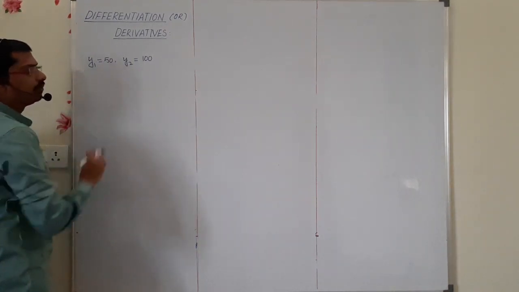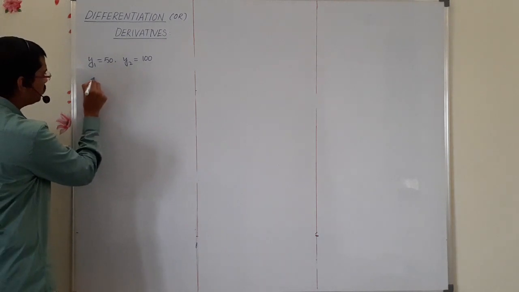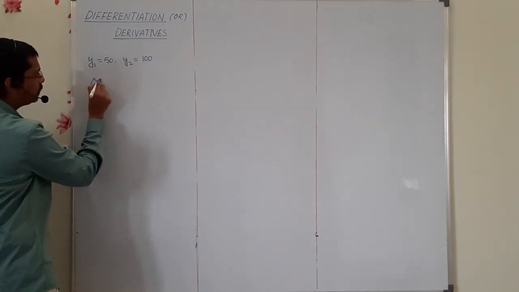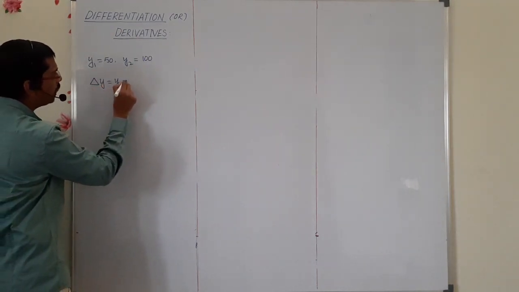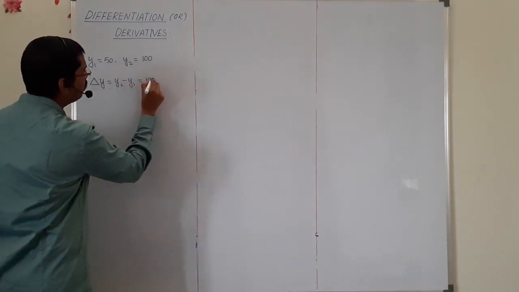The finite difference between the two values of the variable y we can represent as delta y, which is equal to y2 minus y1. This value is 100 minus 50, which is equal to 50. This value we call a finite difference.